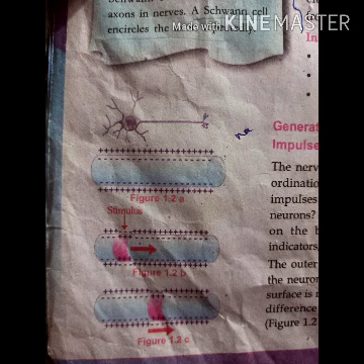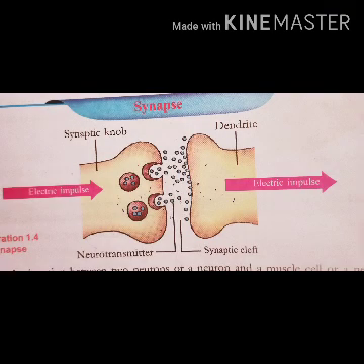Then we can learn about what is synapse, and how impulses are transmitted from one neuron to the adjacent neuron. To understand it, first of all, we can study the structure of synapse. What is synapse? How does impulse transmission take place through the synapse? Look at the video shared here.